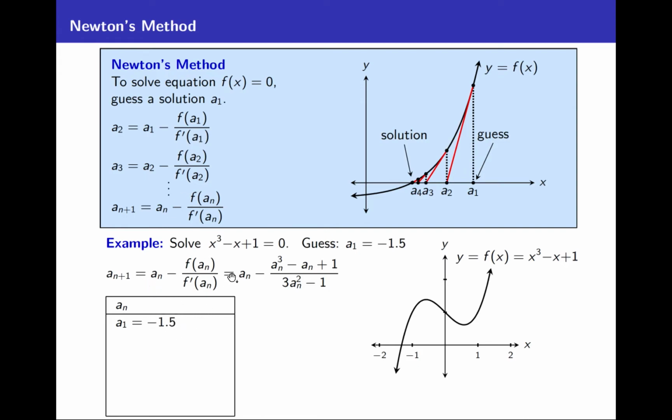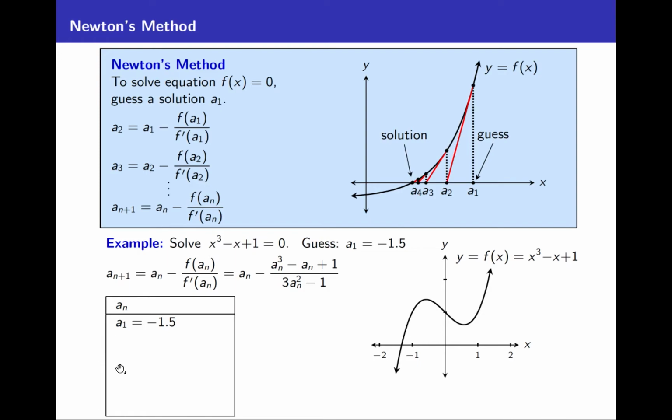So in other words, you're plugging negative 1.5 in for a sub n in this expression. And you'd want to use a calculator for this. You'd get negative 1.5 minus the expression negative 1.5 cubed minus 1.5 plus 1 divided by 3 times negative 1.5 squared minus 1. You'd calculate that, and that's going to give you your a sub 1 plus 1, or your a sub 2.